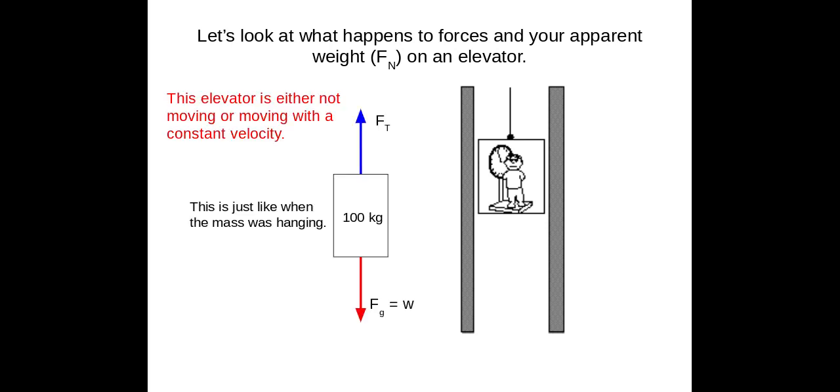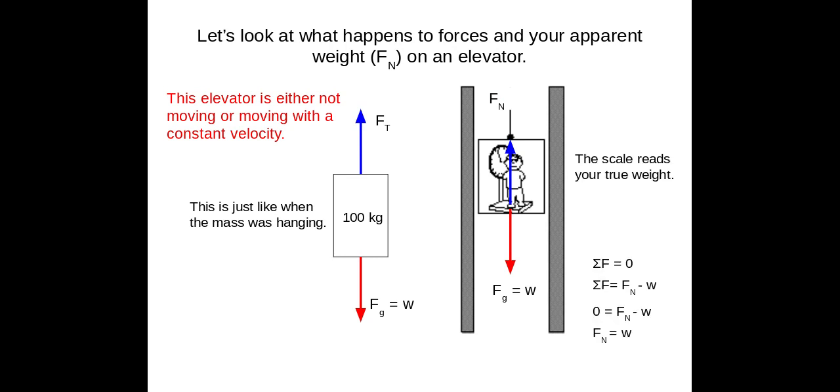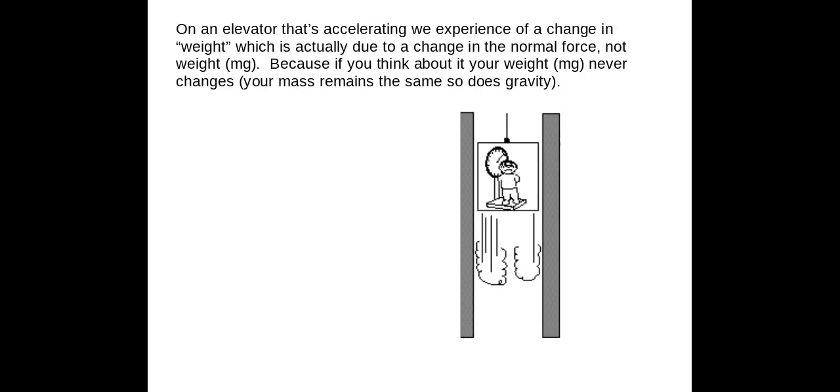Everything would be balanced, and the force up would be equal to the force down. So the force the scale pushes up on me with would equal the force I push down on the scale with. In this case, the normal force would be equal to the weight of the person. This would be your true weight.